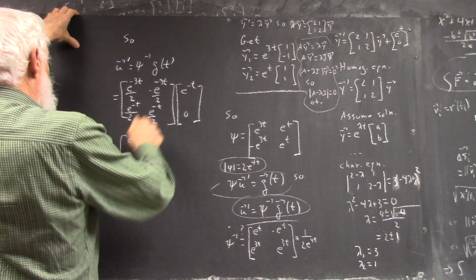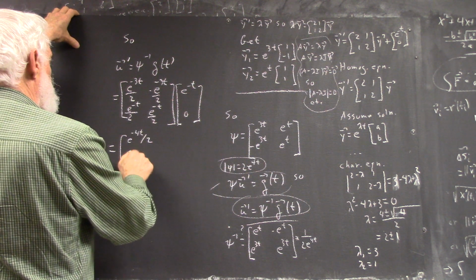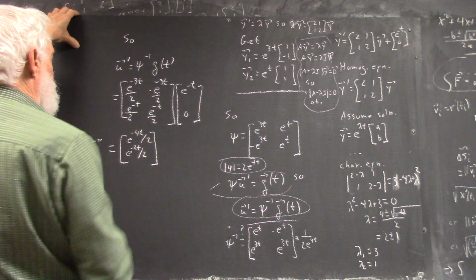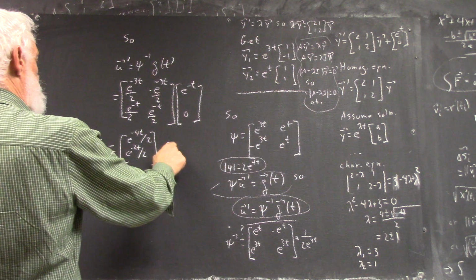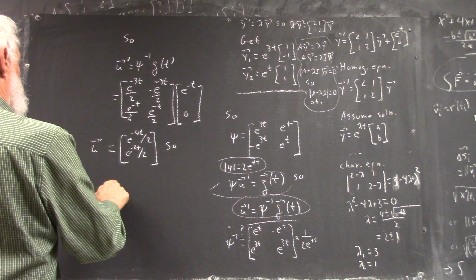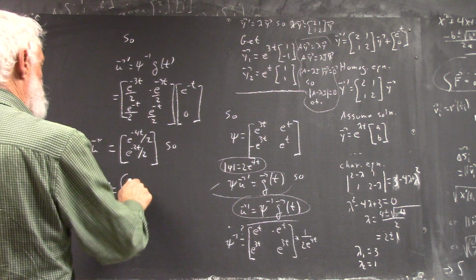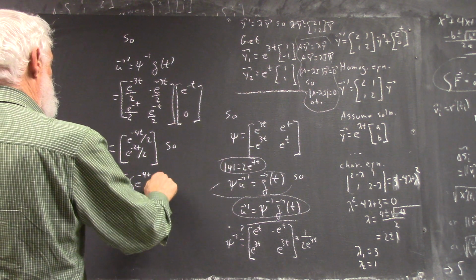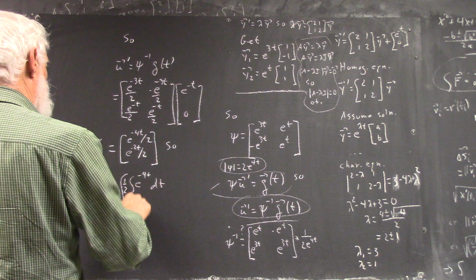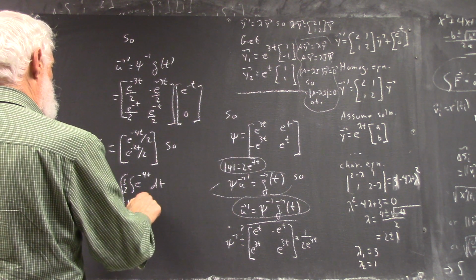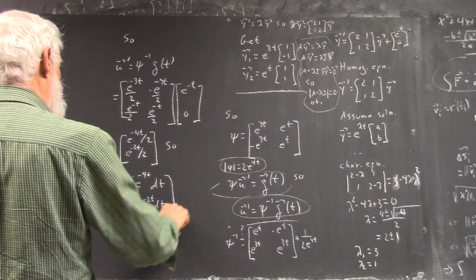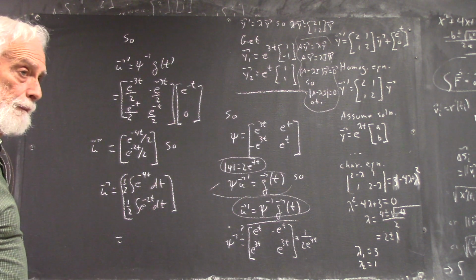Where am I? Yeah. And e to the negative 2t over 2. So u equals, we can just integrate inside here, e to the negative 4t dt, put the 1/2 here. Okay?